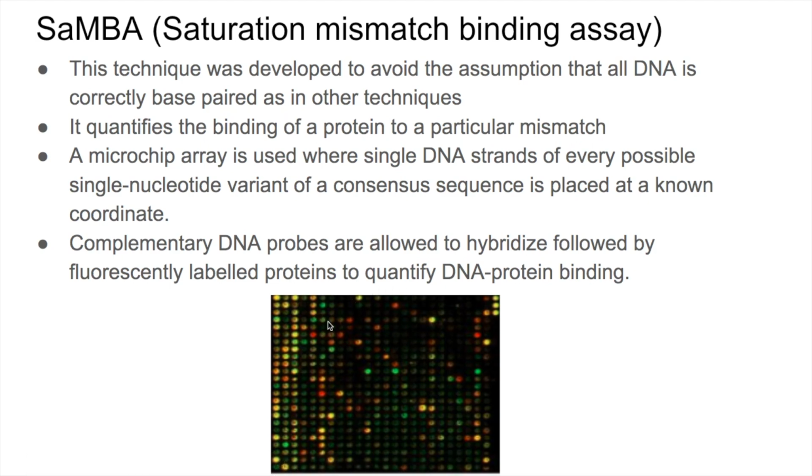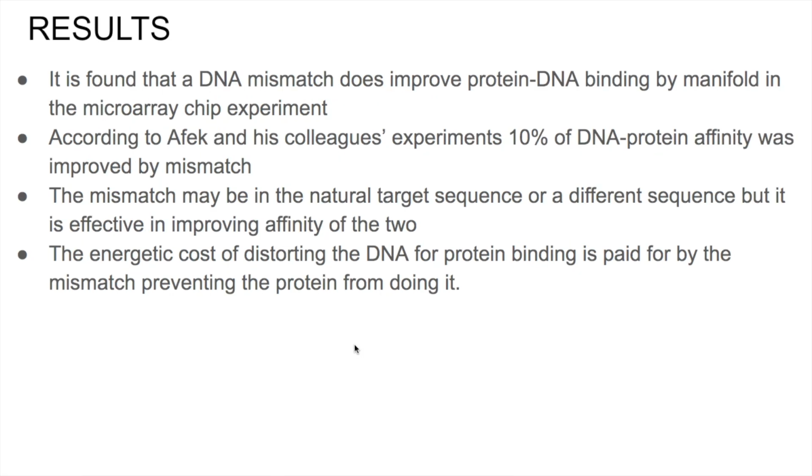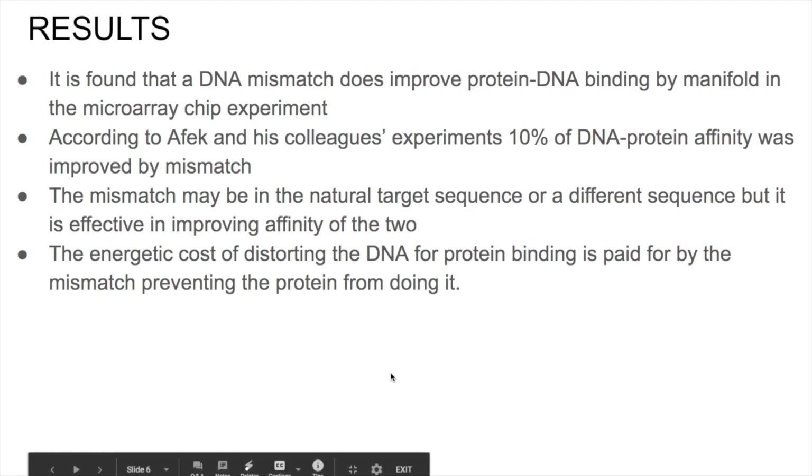After hybridization, we introduce fluorescently labeled proteins that go and bind to the DNA molecules they are complementary to. That will only be possible if the protein and DNA affinity is enough for them to bind. The results of this experiment show that a DNA mismatch could indeed improve protein-DNA binding many fold.